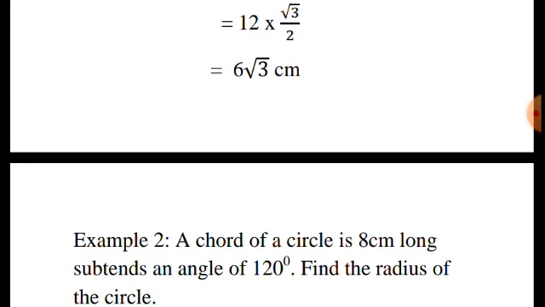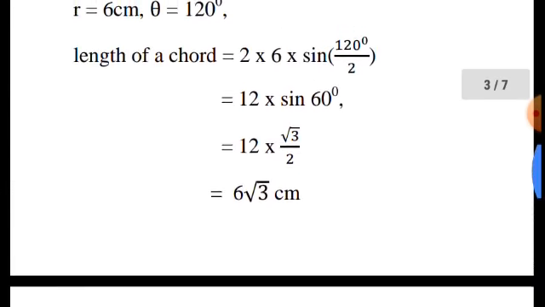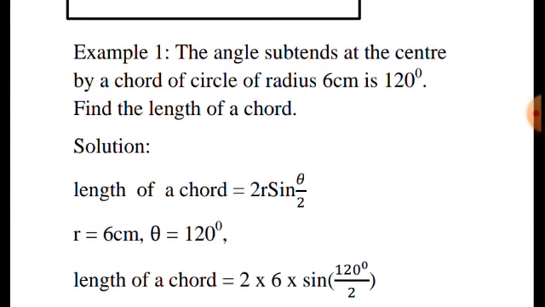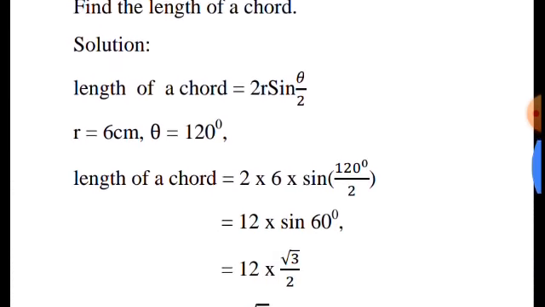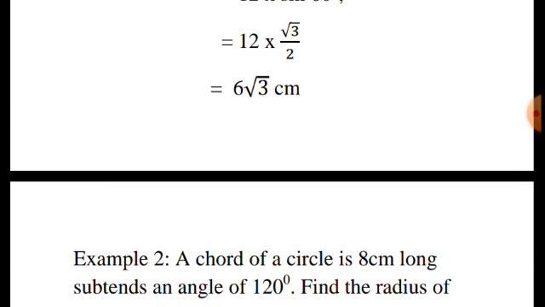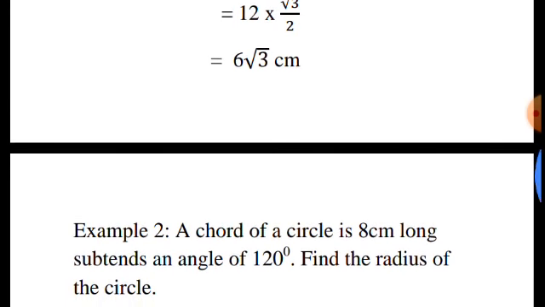And when we were asked to find the length of a chord, remember, we were given the radius, we were also given theta. But this time around, the length of a chord is given to us to be 8 centimeters long. At the same time, the angle that subtends it is given to us as 120 degrees. Here we are asked to find the radius of the circle.